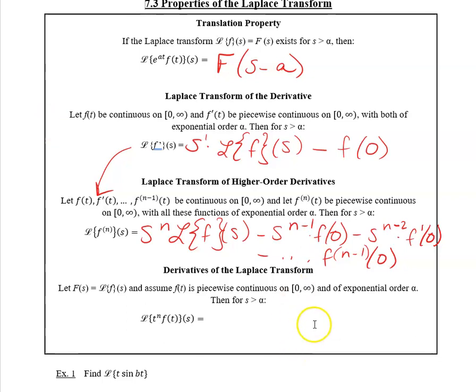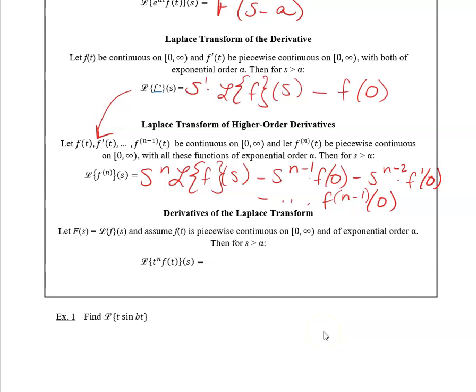And then finally, we want to look at the Laplace transform of t to the n times f of t, like a polynomial function, and that would be negative 1 to the n times the nth derivative of that Laplace transform with respect to s. Basically, this gives us another method for computing a Laplace transform based on a given transform that we already have.